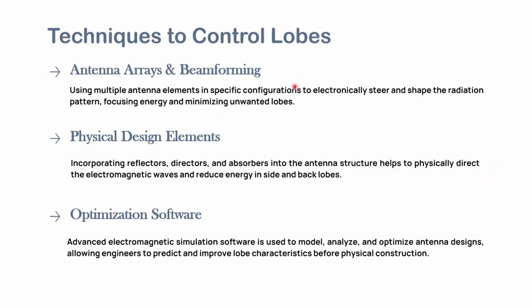So how to control the lobes? The first one is the antenna array and beamforming. If I'm not getting sufficient strength from a single antenna, I can go for an array of antennas radiating towards the same direction. The strength of the antenna will get intensified, and it will improve the signal strength on the receiver side.